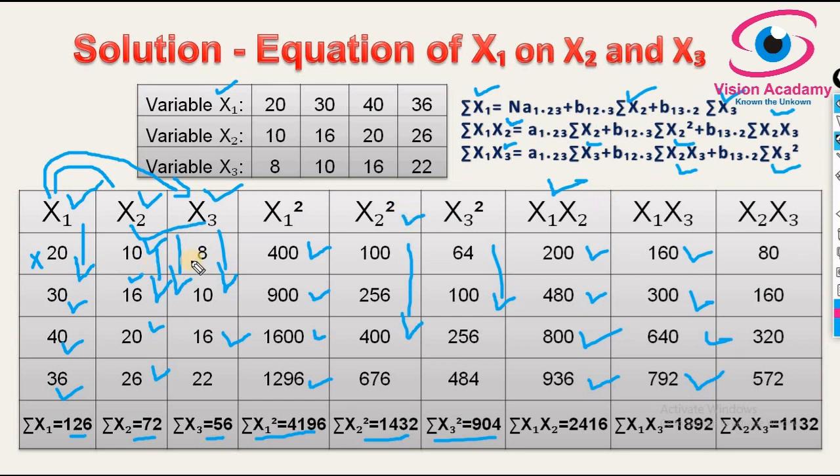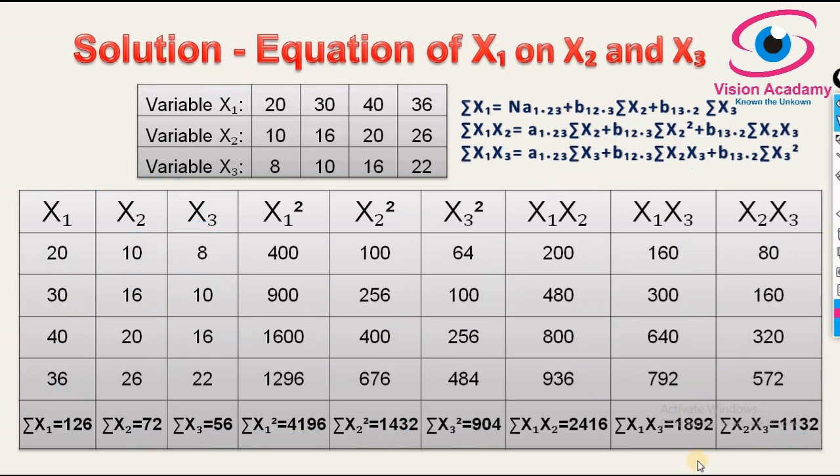So 10 into 8 is 80, 16 into 10 is 160, 20 into 16 is 320, 26 into 22 is 572. So summation x2 x3 is 1132. In this way we obtained all the required elements to replace in the normal equations. The next step is to replace the values we obtained in this calculation.